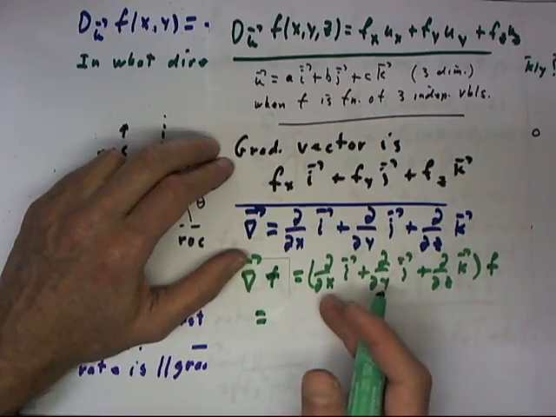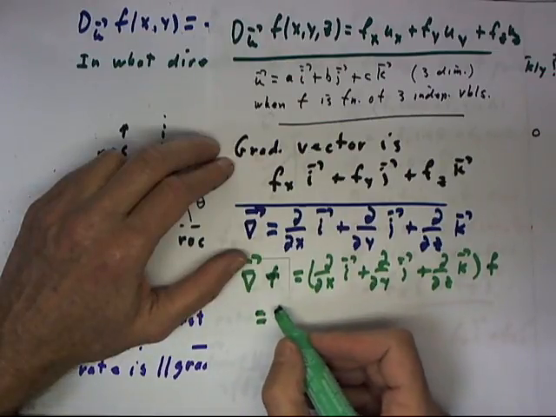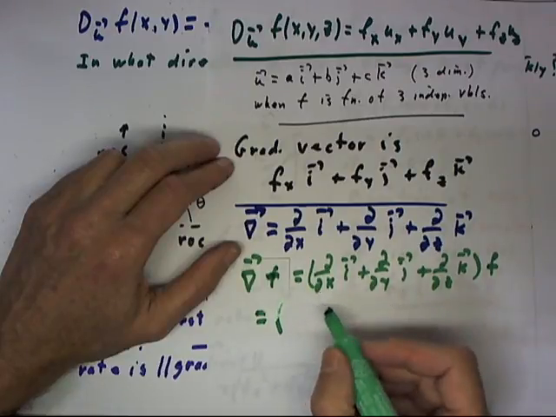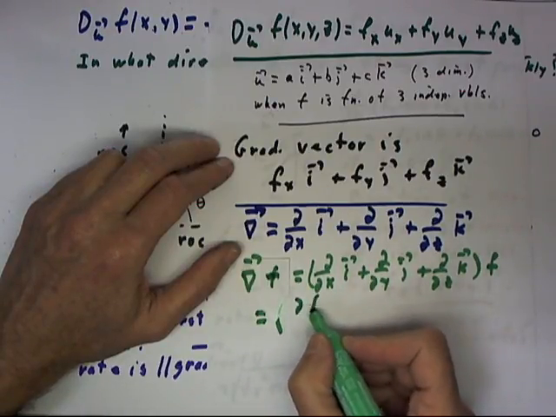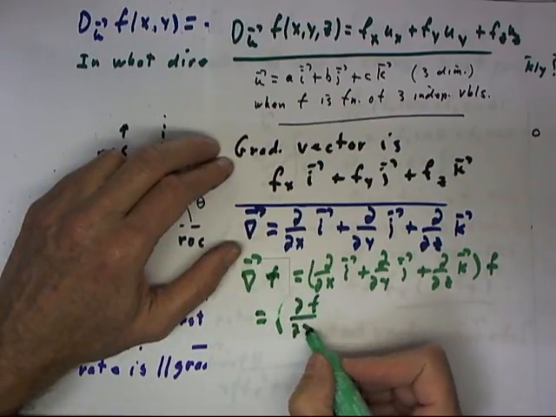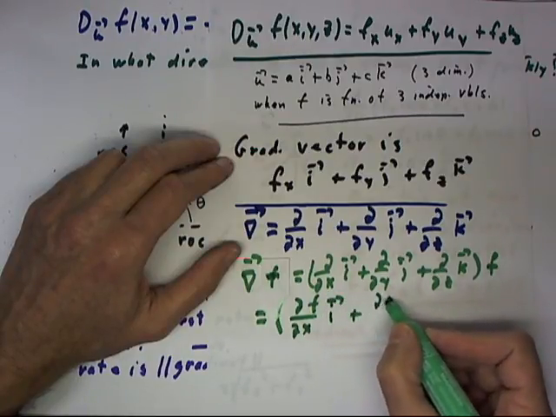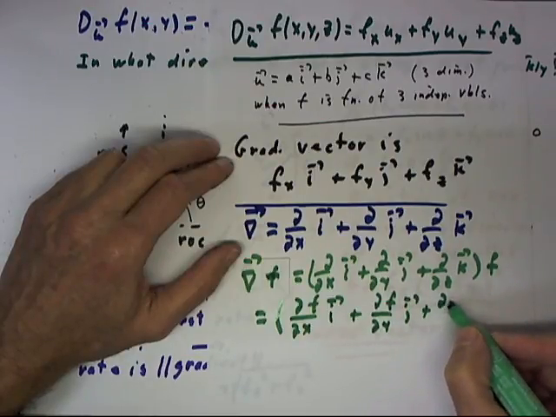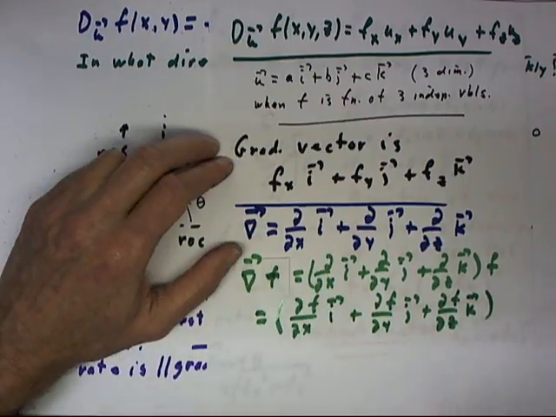If we give this operator basic algebraic properties that we're familiar with, then applying this operator to this function is going to just say, okay, well, we're kind of distributing and kind of rearranging. Why not call that partial of f with respect to x times i plus partial of f with respect to y times j plus the partial of f with respect to z times k.